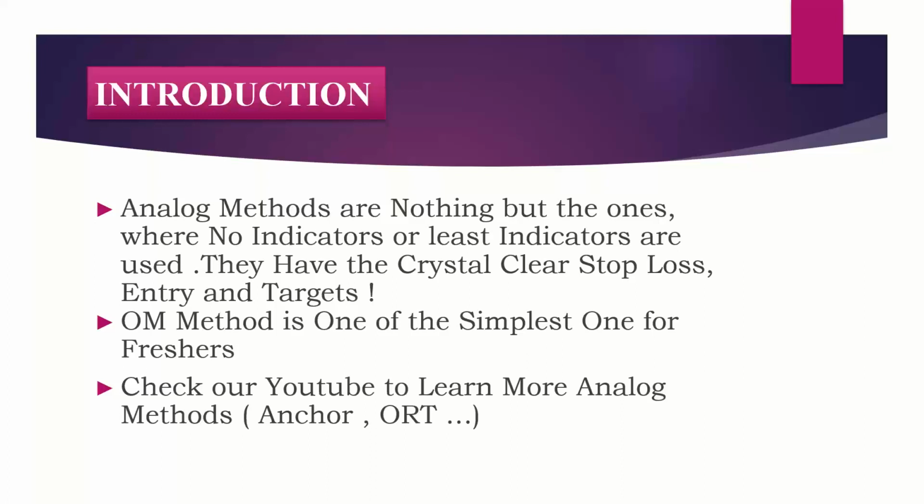For example, when you're using an indicator like Supertrend, or combining it with ADX or anything like that, it will be a little difficult to calculate the SL in advance. But in the analog methods, even before the setup is completed or finalized, you know where the entry is going to be, what the SL is and what the target is.